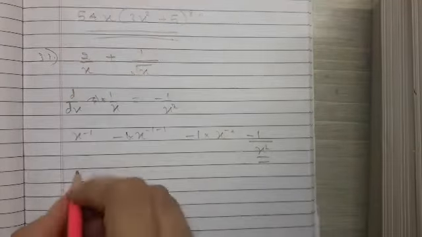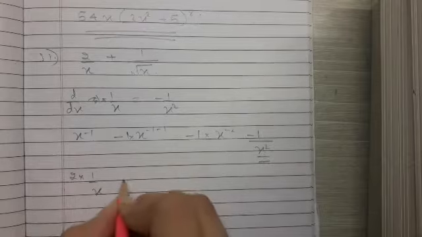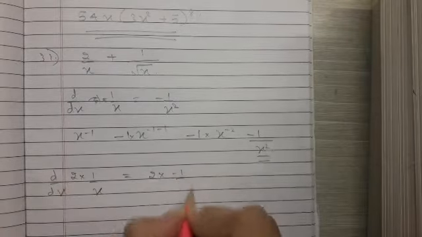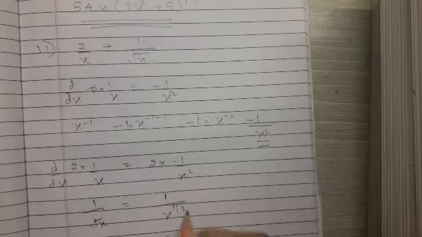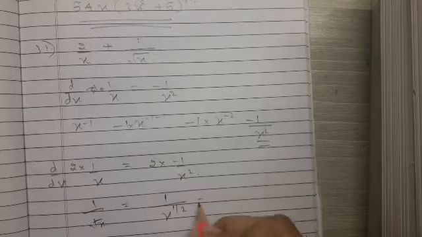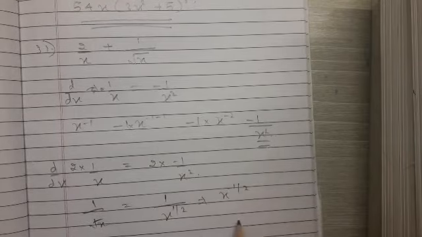So 2 by x is basically 2 into 1 by x, and the differentiation of that is 2 into minus 1 by x^2. And now 1 by root x is basically 1 upon x raised to half, which can be written as x raised to minus half.